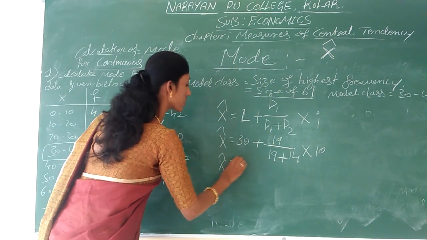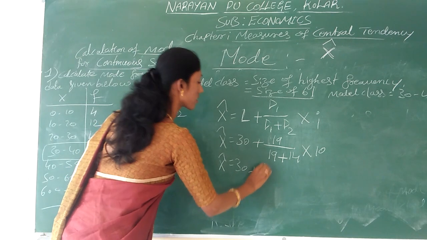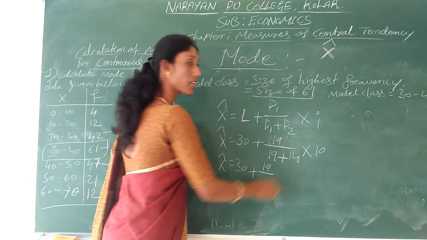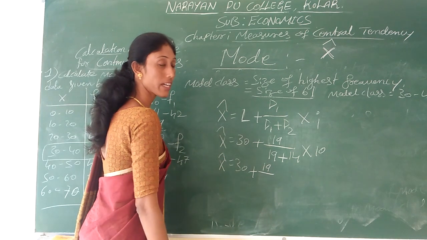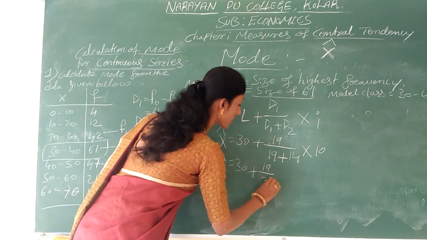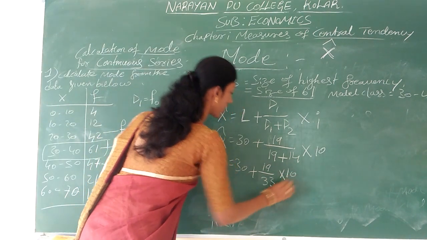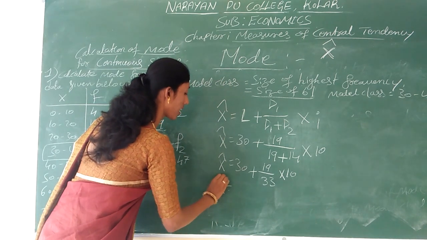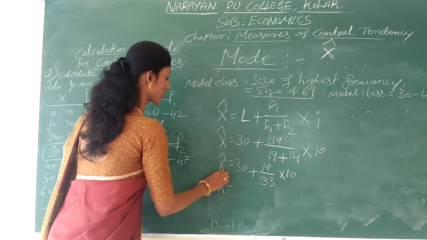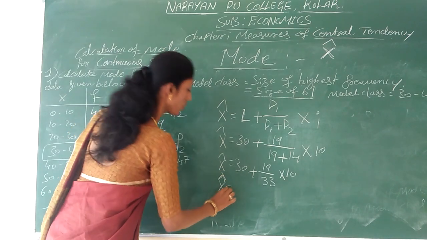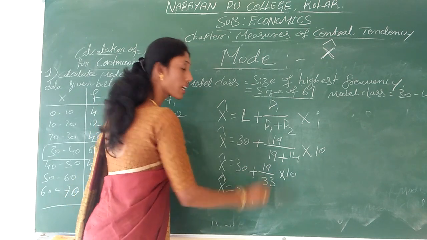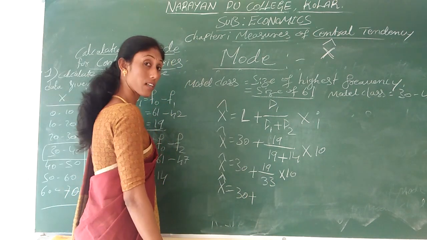Now simplify this. 30 plus 19 divided by 19 plus 14, into 10. How much will you get? 33, into 10. Now x hat is equal to 30 plus 19 divided by 33 into 10.